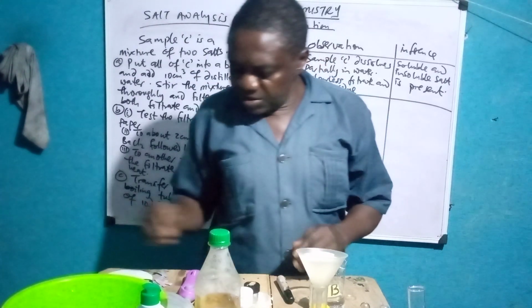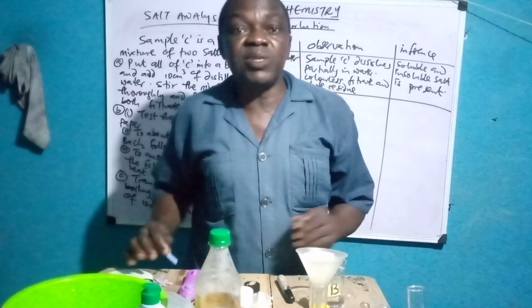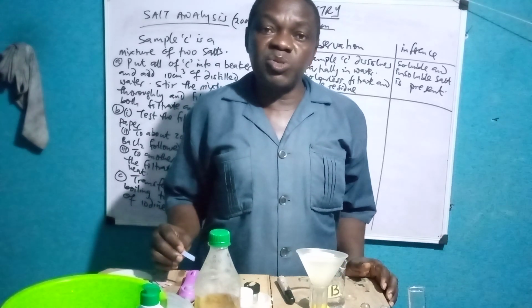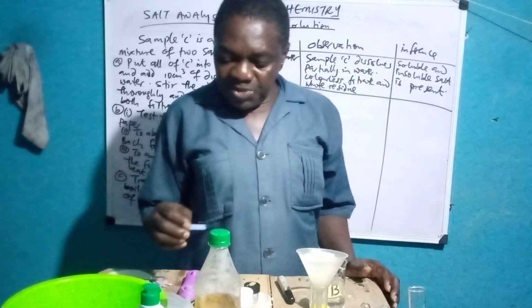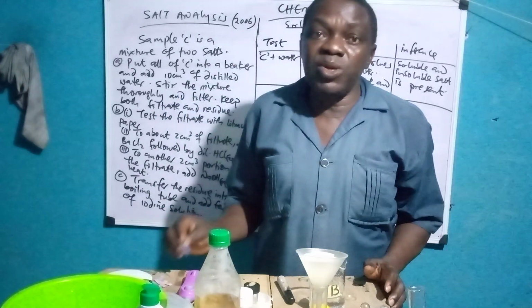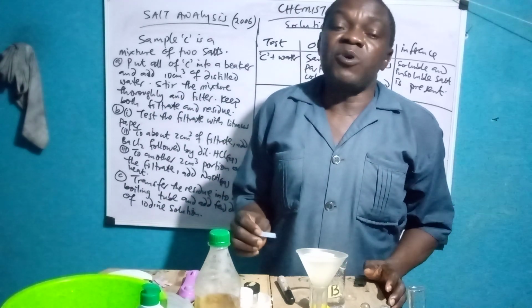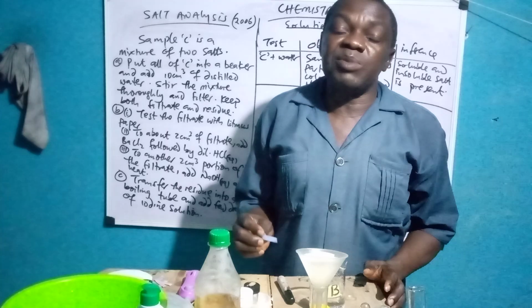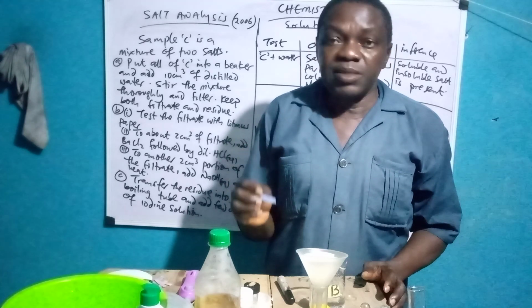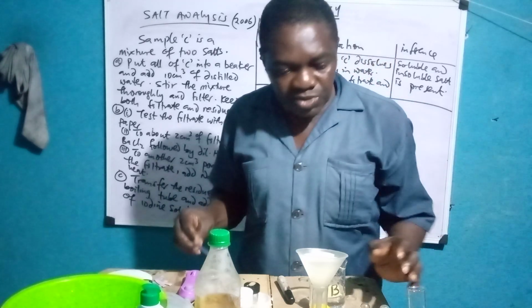That's what the question says. Remember, if you are testing with litmus paper, first make the litmus paper damp by dipping it in water. You cannot use only one type of litmus paper. Before, WAEC used to give marks for one type, but this time, if you don't test with the 2 litmus papers, they don't give you the mark. So let's test with the 2 litmus papers.